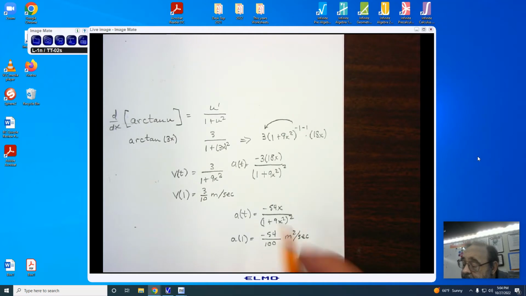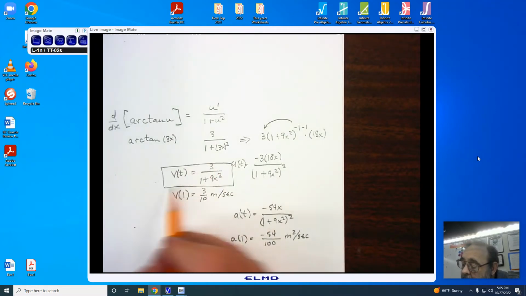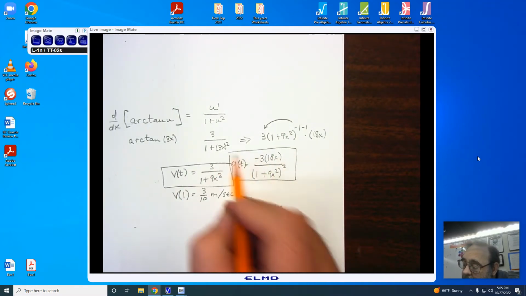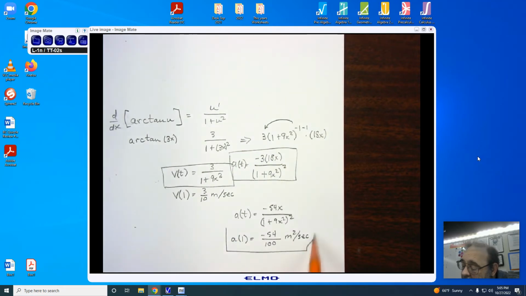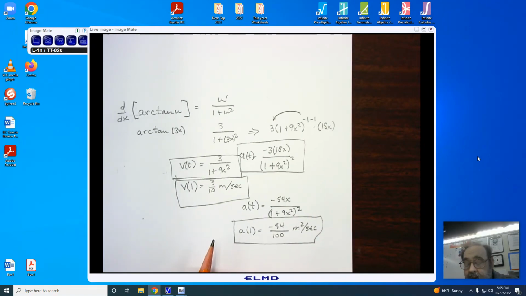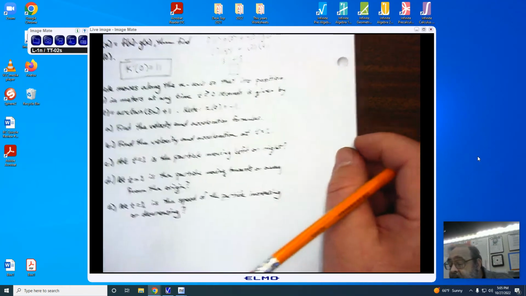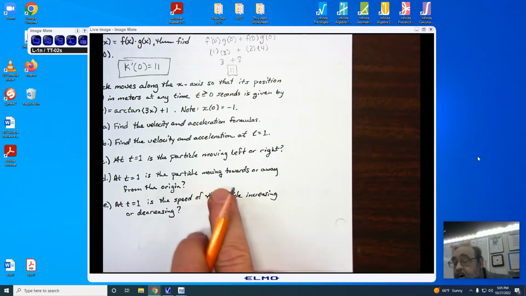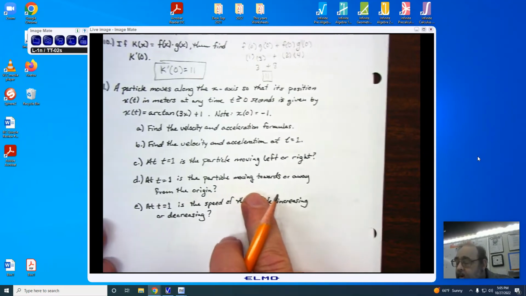We now have our velocity and our acceleration formula, and we have the velocity at 1 and the acceleration at 1. But we still need the position at 1 to answer all of the questions. After all, question D says, is the particle moving towards or away from the origin?